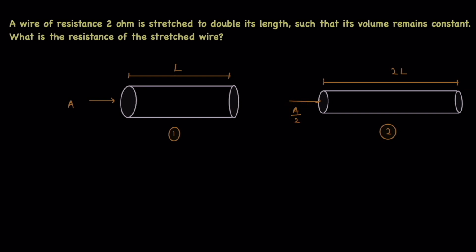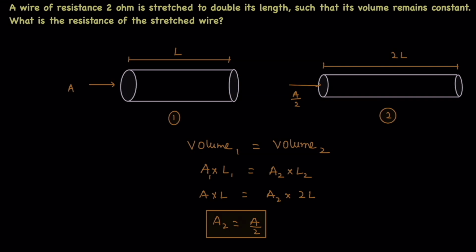Why will the area become half? According to the question, both the wires have the same volume. So V1 is equal to V2 and volume is area into length. So A1 into L1 is equal to A2 into L2. If we substitute A1 as A, L1 as L, A2 we have to find, and L2 is equal to 2L, so A2 will come as A by 2.